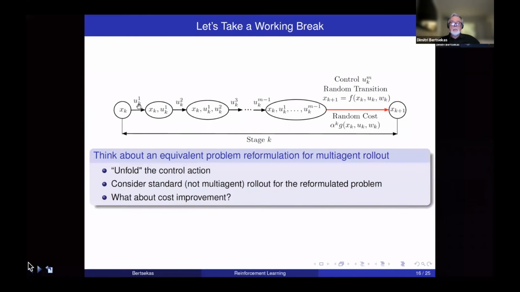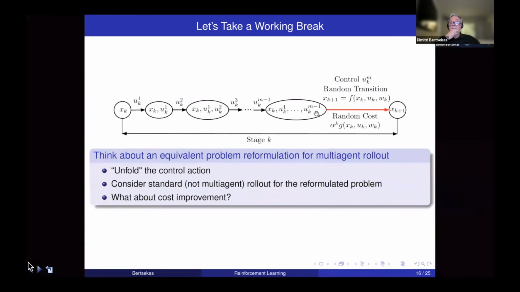The first transition involves choosing the first control component by agent number 1. Without cost, we move to this state here, then choose a control, the control chosen by agent number 2. It leads to this state, and so on.